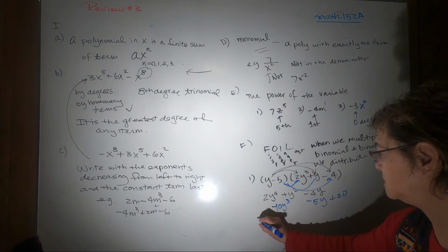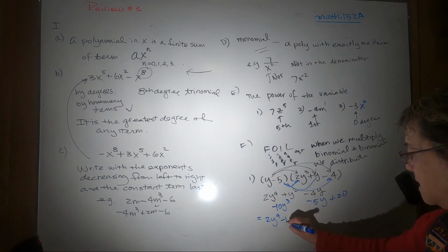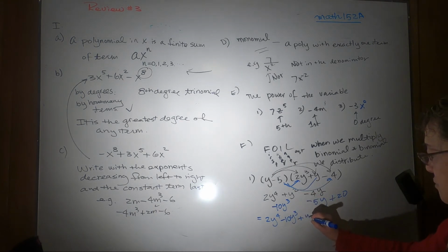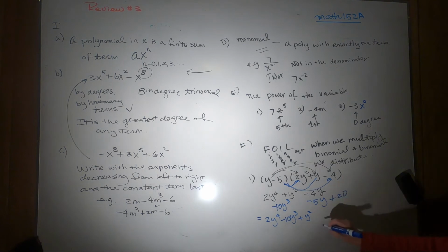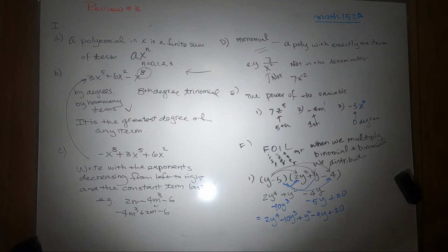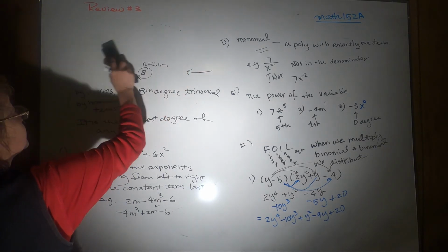Put them together, that would be what? 2y to the 4th power minus 10y cubed plus y squared. The y terms, they are the same. Combine like terms, right? Plus 20. Listen to it, it's easy, but when you do it, just want to make sure, so you better have a hands-on.